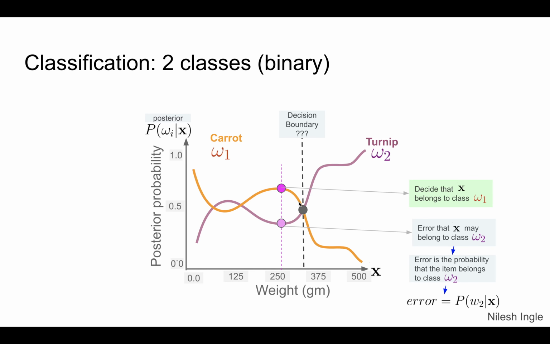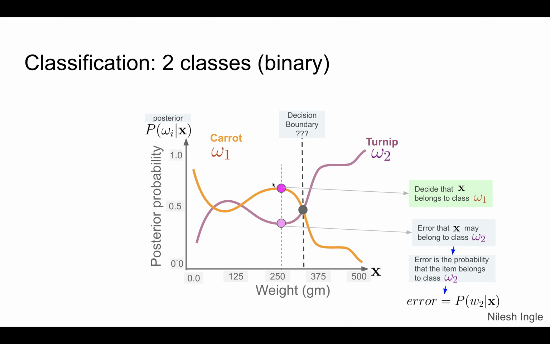Now, if we pick a point, the magenta dot shown here on the orange curve, we see that it has a higher posterior probability than the same dot on the purple curve below it, and therefore we classify this sample as belonging to class omega 1, which is carrot and not a turnip.